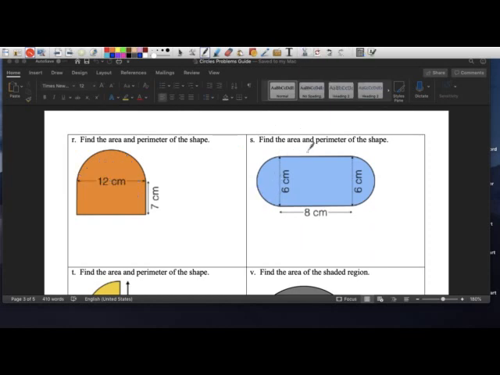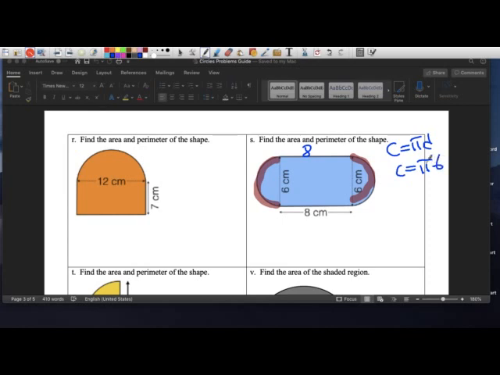Okay. Let's do the perimeter. Again, the perimeter in this case, this one is easier, because we have half a circle here and half a circle here. So if you're actually walking this, you're going to walk 8 centimeters here, 8 centimeters there, but this half a circle and half a circle becomes one full lap around a circle. So C equals pi d. C equals pi times, and the diameter is 6.